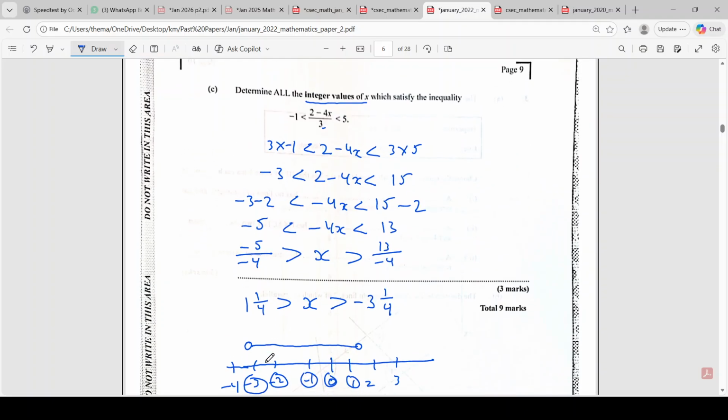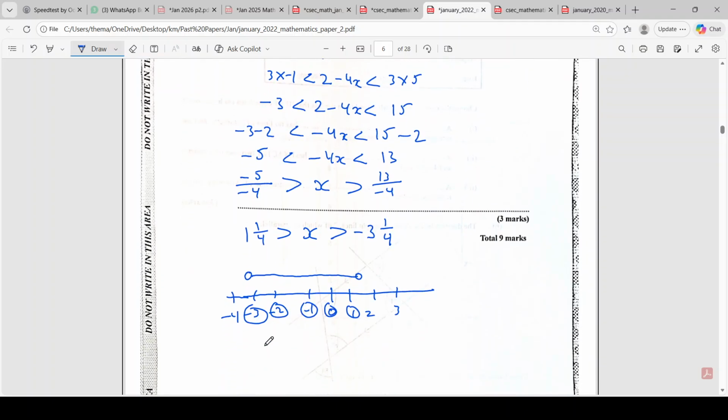Right, so integer values of x that satisfy will be negative 3, negative 2, negative 1, 0, and 1.